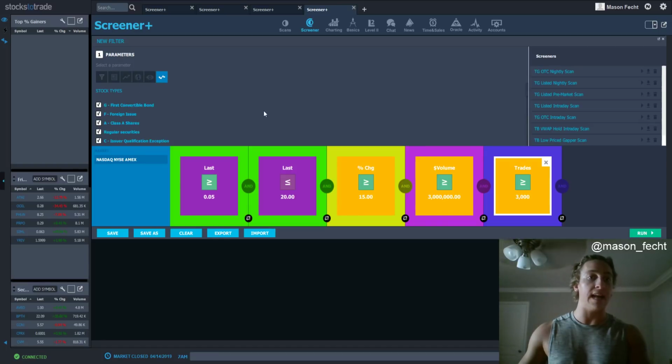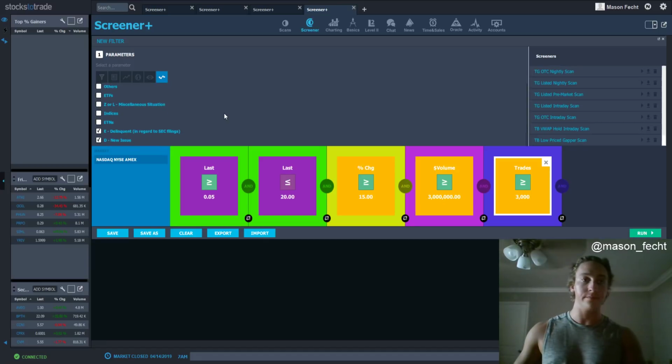And lastly, we will go to the stock types again, and we are only going to keep foreign issued, regular securities, bankruptcy, and delinquent and new issued. And that's everything for my listed nightly scan.